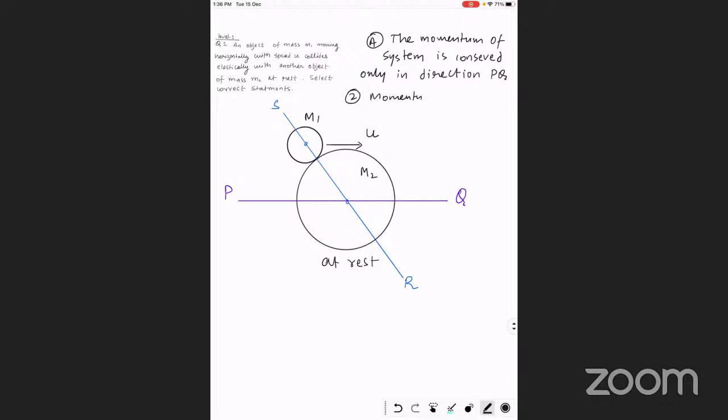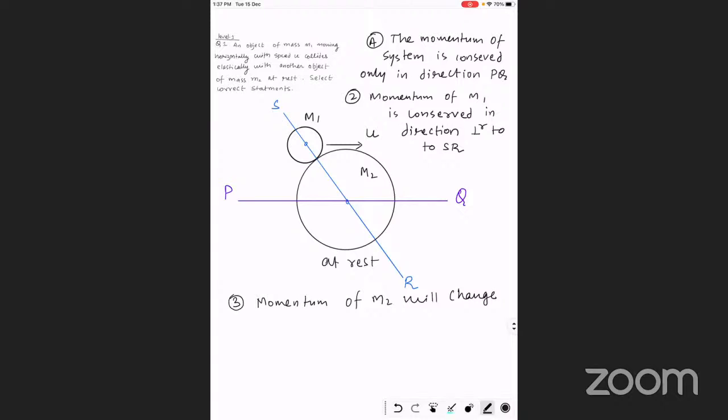Point number 2: momentum of M1 is conserved in a direction perpendicular to SR. Point number 3: momentum of M2 will change in a direction normal to CR. Point number 4: all of these.